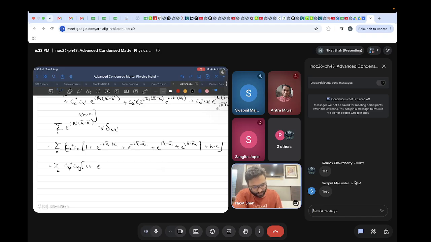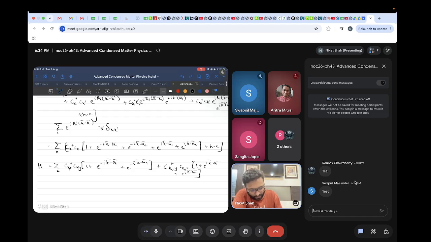So e raised to power minus I K dot A1 plus e raised to power minus I K dot A2, plus there is also the hopping between yellow to red, and that will also have e raised to 1 plus e raised to power I K dot A1 plus e raised to power I K dot A2.